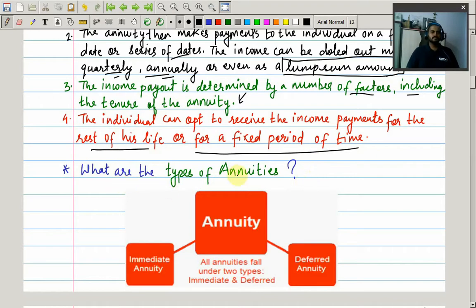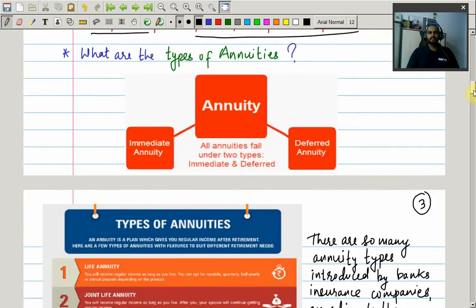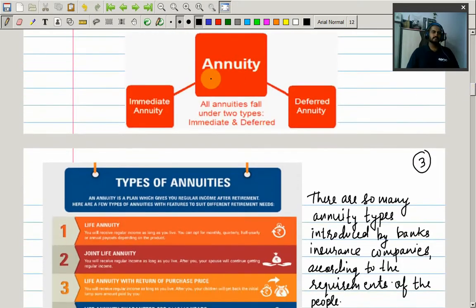What are the types of annuities? So when we search about what types of annuities exist, you can see all these types. Types of annuity: immediate annuity, deferred annuity. We are not interested in studying deferred annuity, but this is very easy. You can learn it anywhere from any book or Google it.